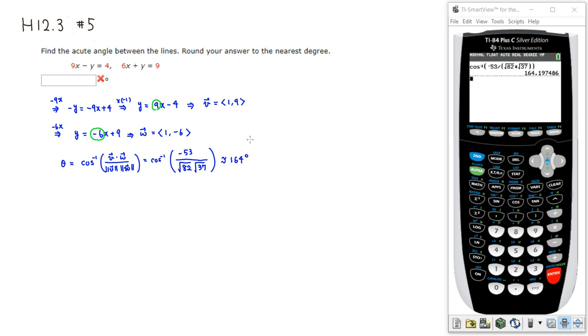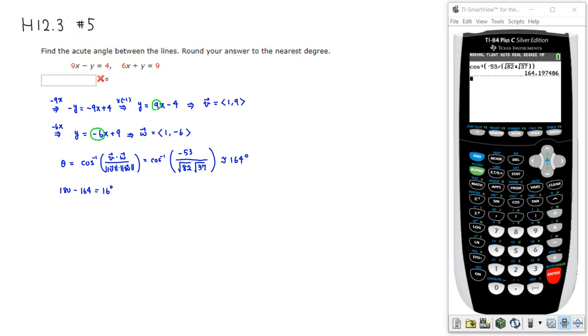But remember that I blindly computed this angle, since we're looking for the acute angle. So we have to subtract 164 from 180. So 180 minus 164 will be 16 degrees.